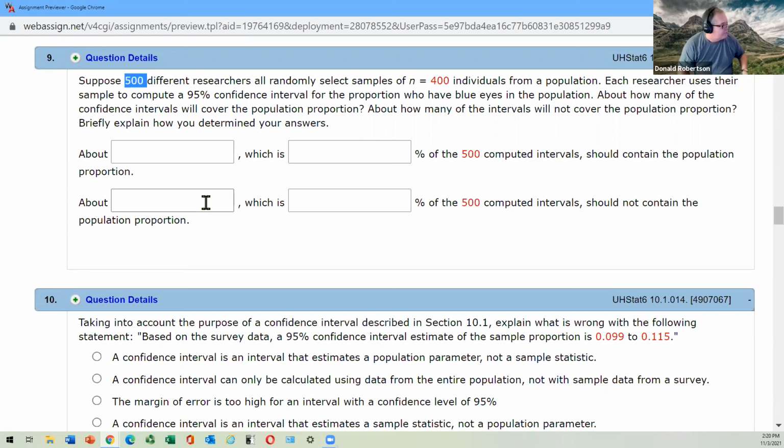So wouldn't that be 475? 95% of the 500 should contain it. How many of that 500 will be wrong then? Is it not the other 5%?